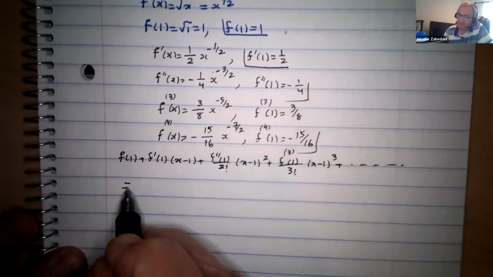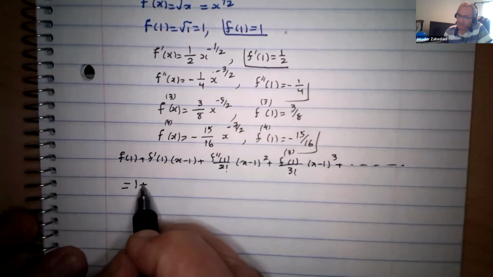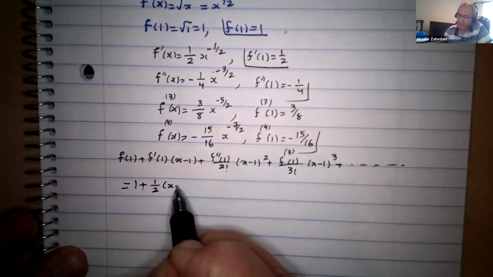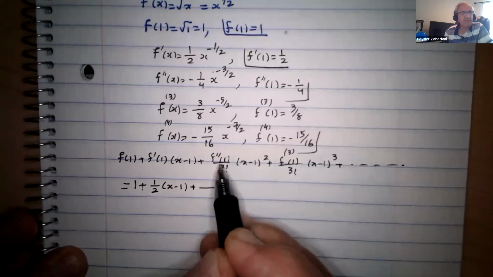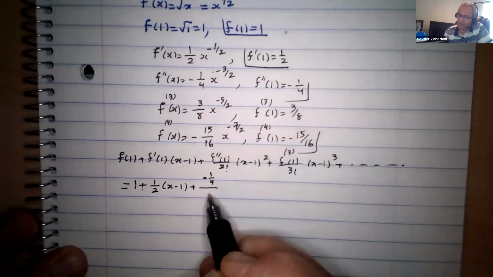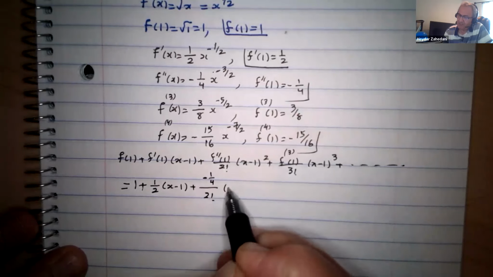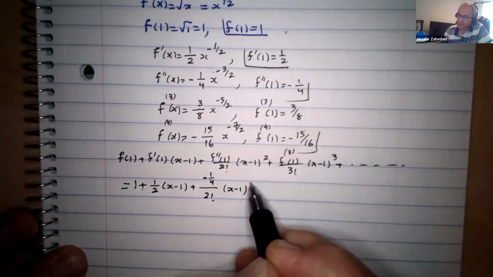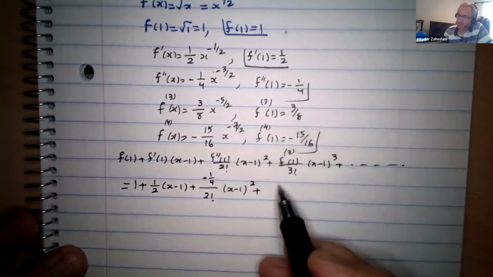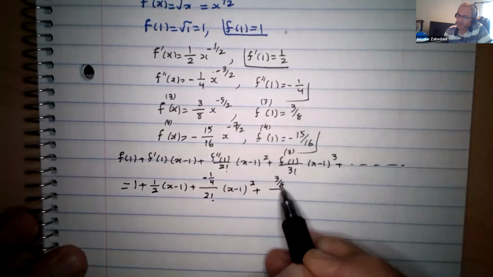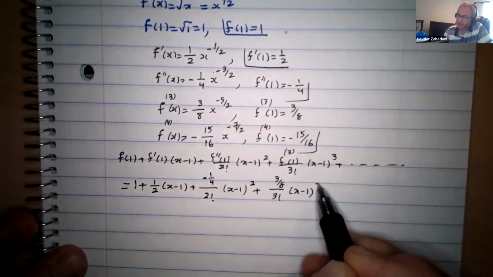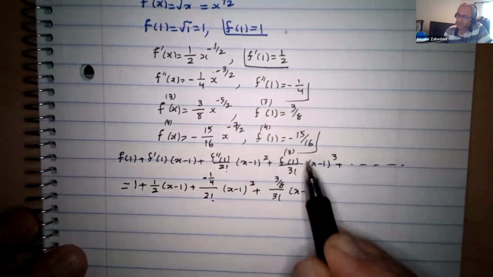That's going to be equal to f of 1, which is 1, plus f prime of 1, which is 1/2, times x minus 1, plus f double prime of 1, which is negative quarter, divided by 2 factorial, times x minus 1 squared, plus the third derivative, which is 3/8, over 3 factorial, times x minus 1 to the third, plus the fourth derivative.